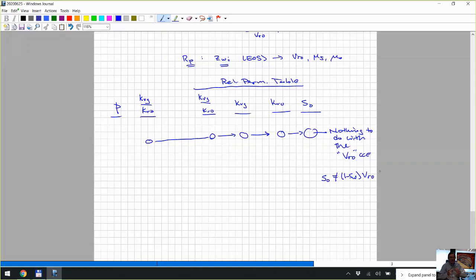So the VRO is the relative oil volume of the flowing gas plus oil, not the pore gas plus oil. The saturation of oil is always going to be greater than this term here, and it could be much larger. So they have nothing to do with each other.